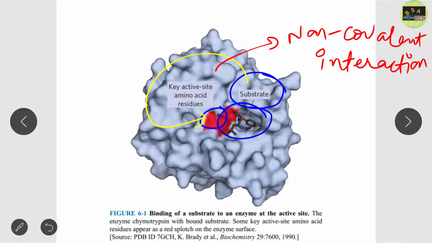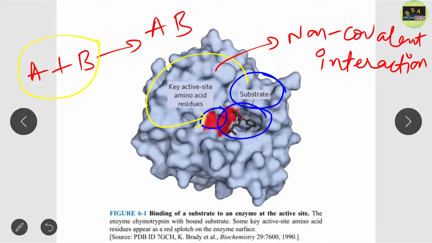Now, whenever there is an interaction, always remember that free energy is released. Suppose A is going to interact with B to form AB. Whenever an interaction takes place, there is some free energy released.